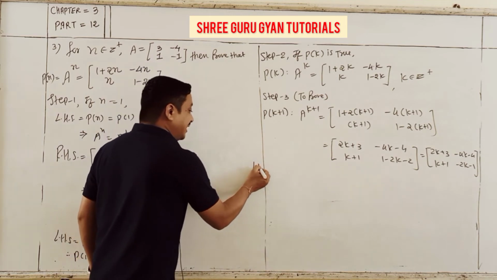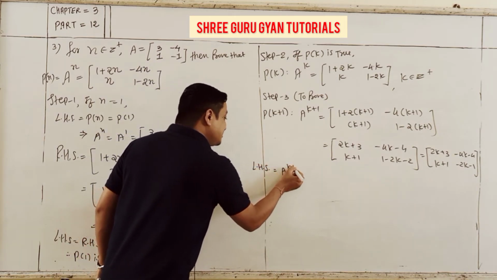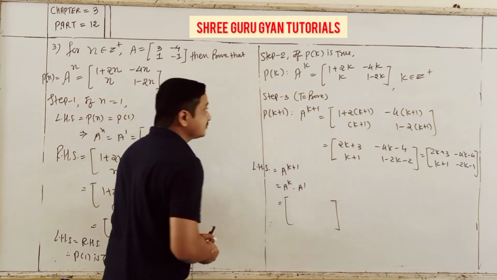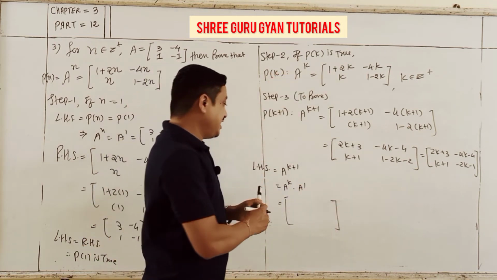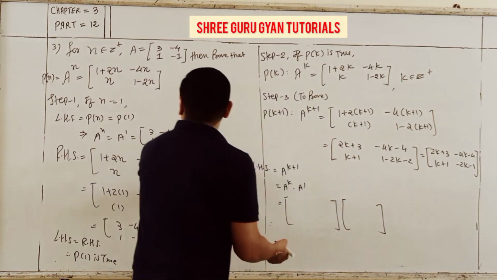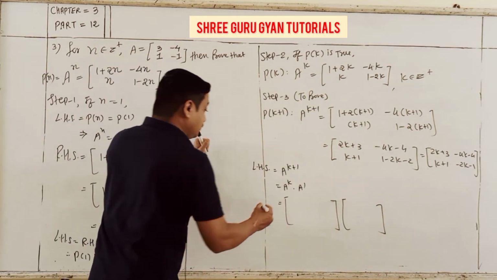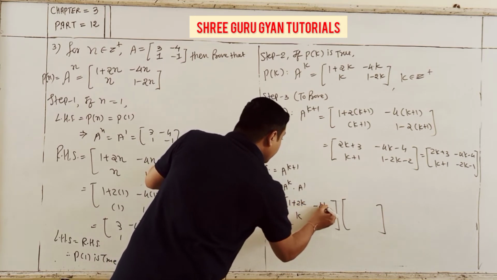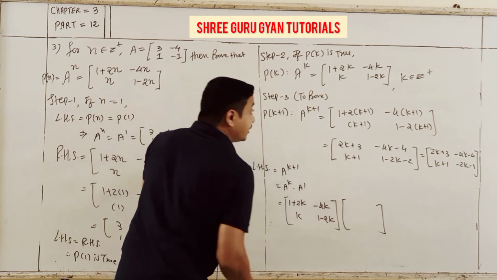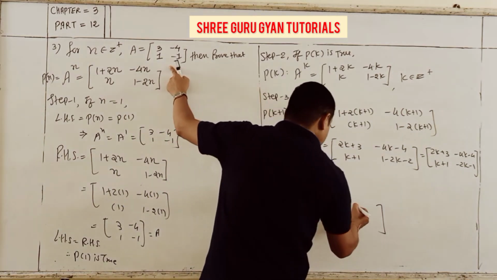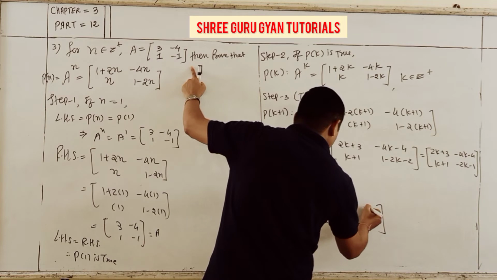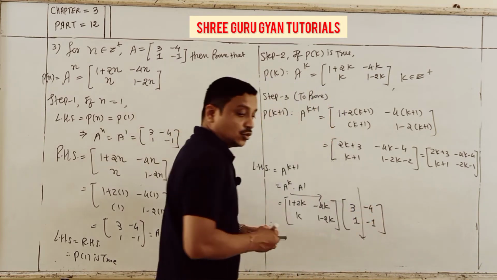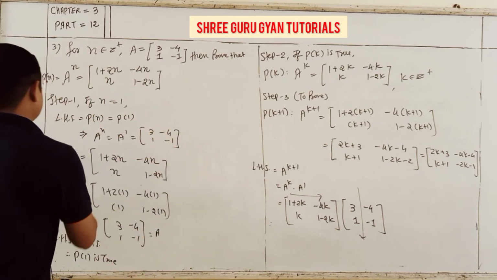Now we start with my LHS. It's very easy. A raised to k times A raised to 1. A raised to k is from step 2, and A I know is [3, 1; -4, -1]. So [1 plus 2k, k; -4k, 1 minus 2k] times [3, 1; -4, -1], and start your process of row with column multiplication.